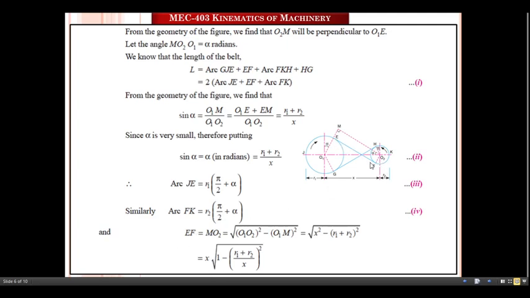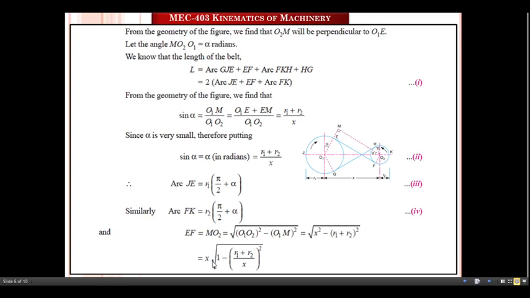Now get the EF length. EF is nothing but MO2. If I consider this triangle and apply the Pythagoras theorem, I can get the square root of O1O2 square minus O1M square. So I can get the value for this O2M from this relation. Substitute the value for O1O2 as X, and O1M is nothing but this radius plus this one, so R1 plus R2 will come into the picture.